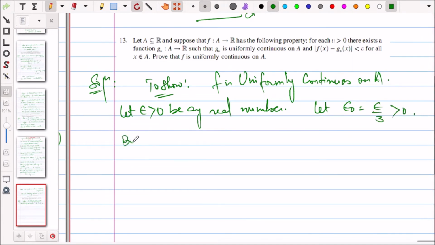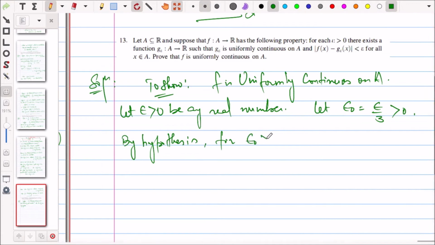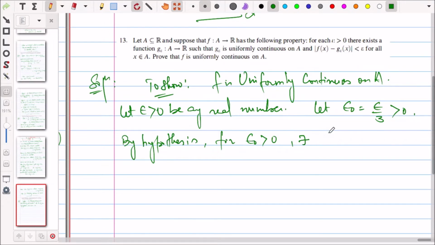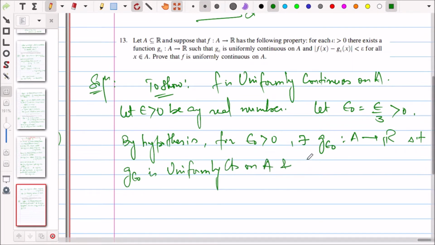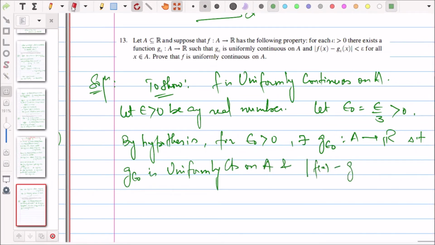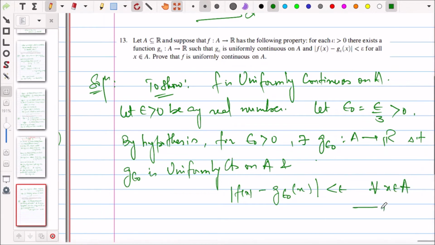So by hypothesis, for each epsilon there exists a function, so for epsilon naught greater than 0 there exists a function g epsilon naught from A to R such that g epsilon naught is uniformly continuous on A and |fx minus g epsilon naught x| is less than epsilon naught for all x belonging to A. Mark this as star.